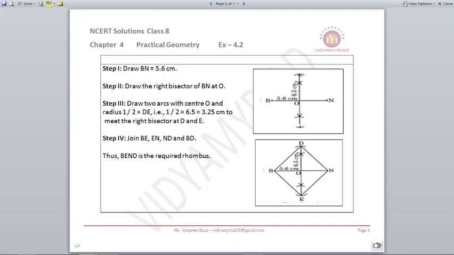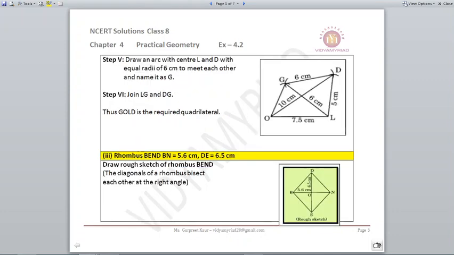See, you can draw a straight line with the help of a scale also, but no, we need to see what the property of a rhombus is. Just now I have told you the rhombus diagonals bisect each other at right angle. That means DO, OE, BO, ON will be equal and angle DOB should be 90 degrees.